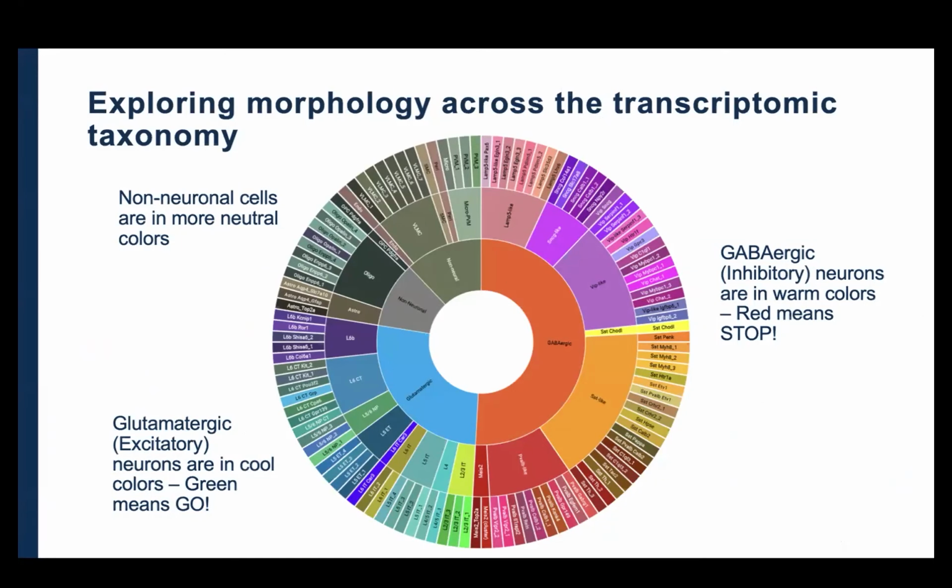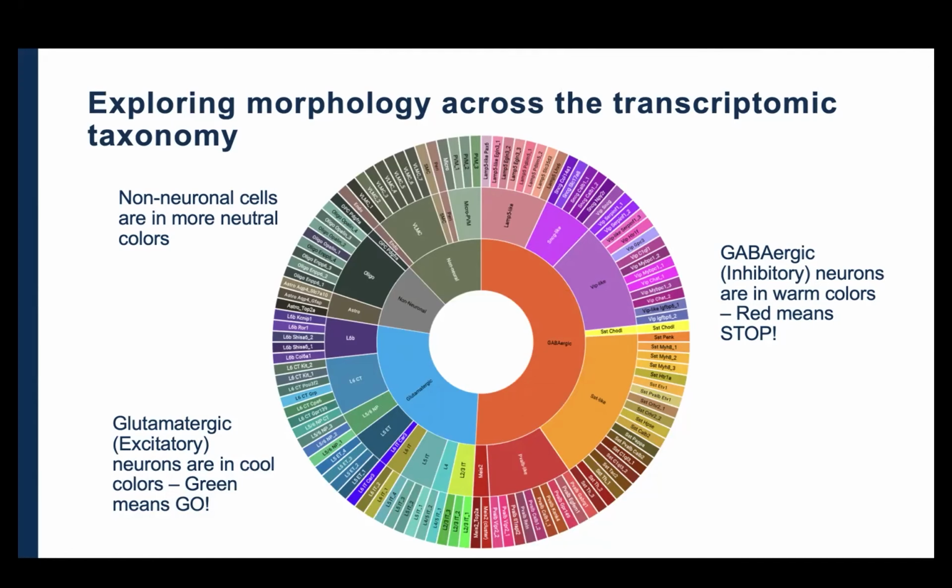So looking back at the transcriptomic taxonomy on the CTKE, we'll take a look at morphologies across the transcriptomic space. Glutamatergic neurons, which appear down at the bottom in cool colors, indicate that they activate other neurons, tell other neurons to go. And then GABAergic neurons over there on the right appear in warm colors to indicate stop, since these neurons inhibit other neurons.